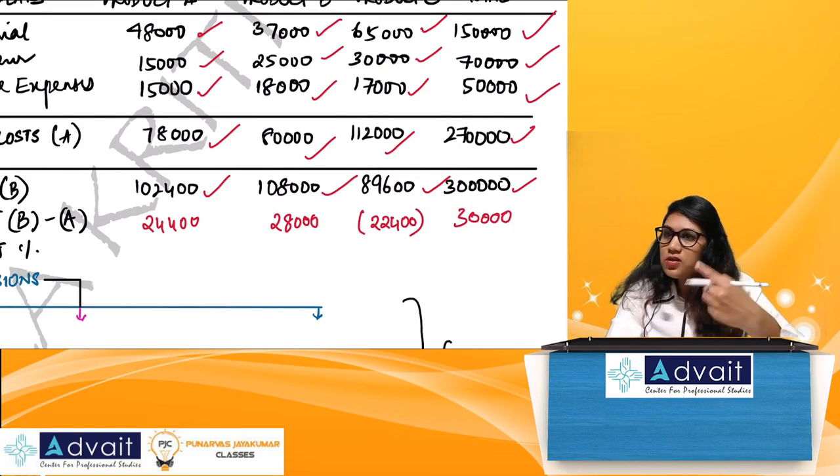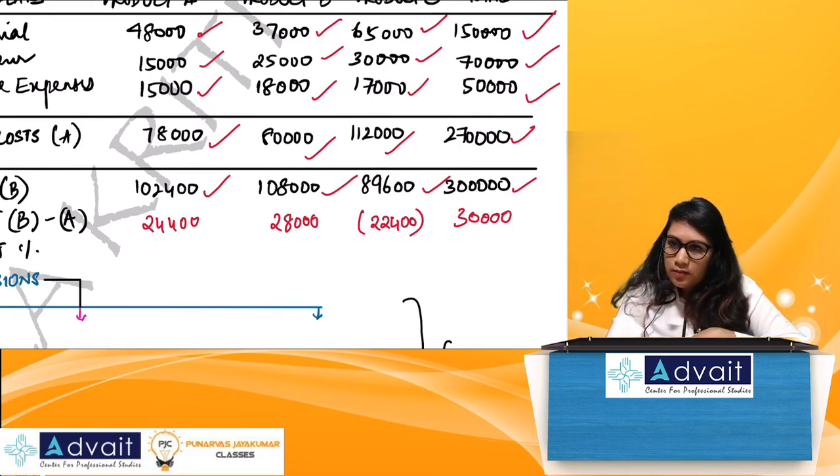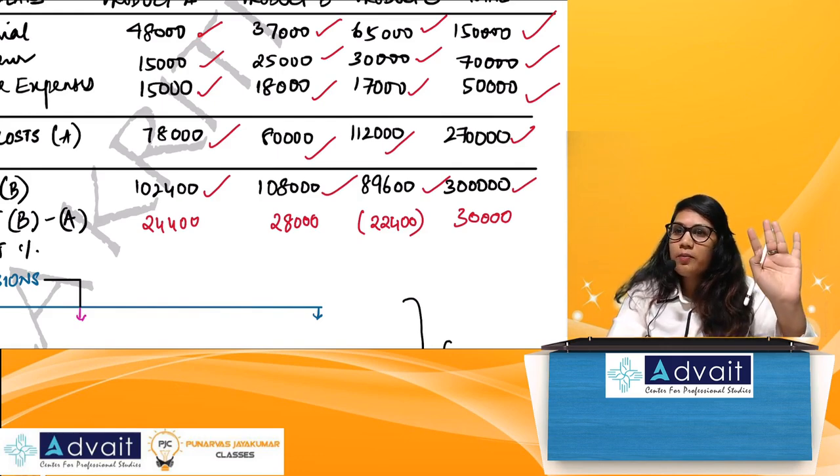This 30,000 was given to me by financial accounting, correct? But here something looks very fishy, correct? Product A is giving me a profit of 24,400, correct? Product B is giving me a profit of 28,000, but product C is loss making. This financial accounting didn't tell me. I just had the total profit. Looking at the total profit, I was like, wow, I'm doing my work well.